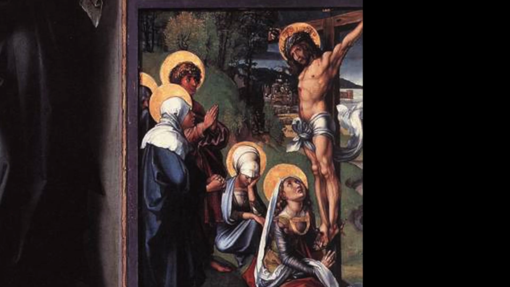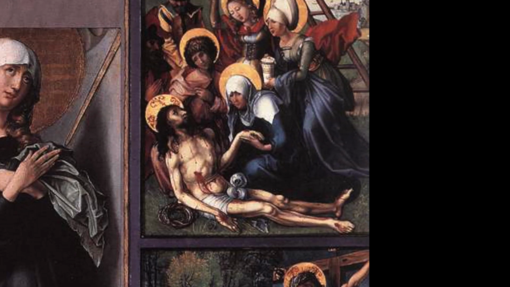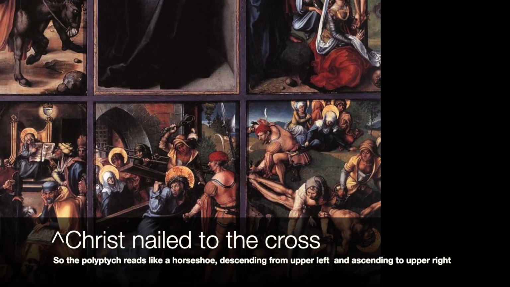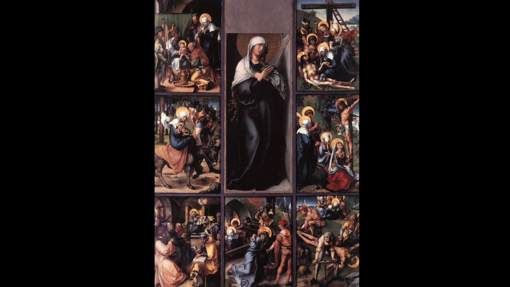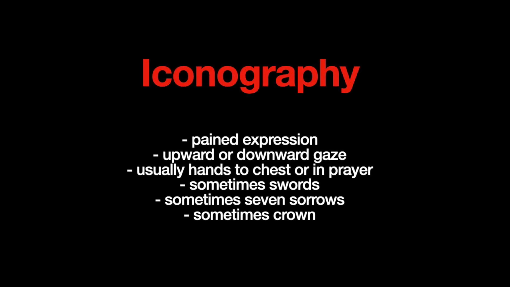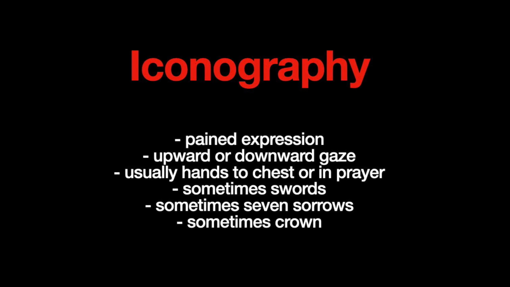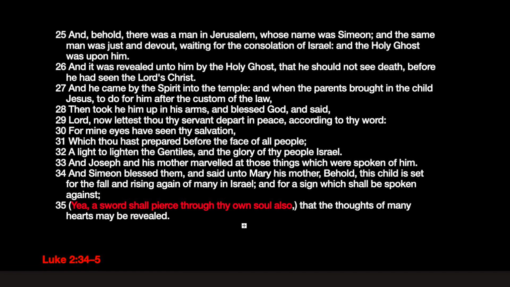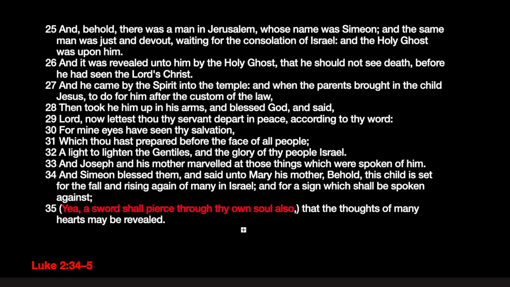Then we see the crucifixion of Jesus and his descent from the cross, and finally his burial. And these are the seven sorrows. So, like I said, these seven sorrows are represented frequently by swords. And this is a reference to the second chapter of Luke, where Simeon prophesies that Jesus will suffer and that his mother will suffer also.